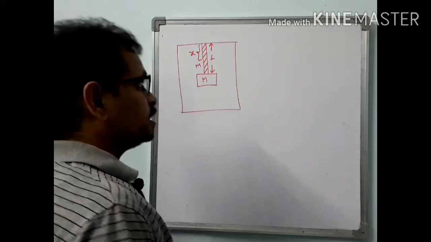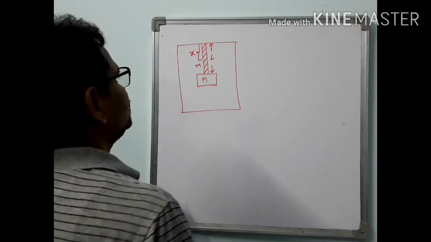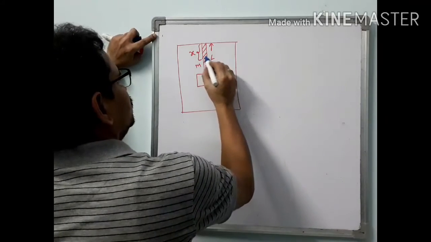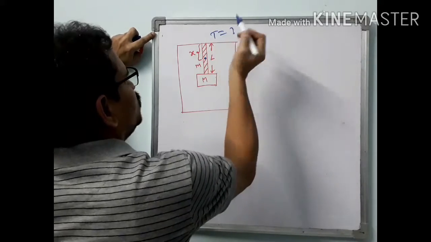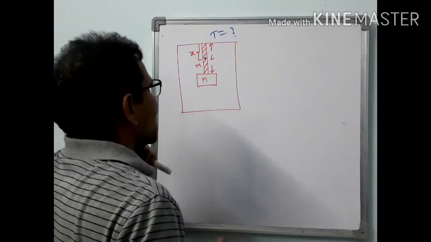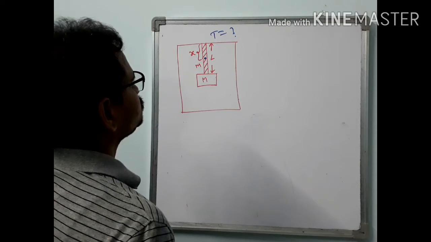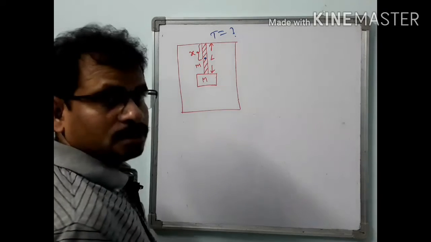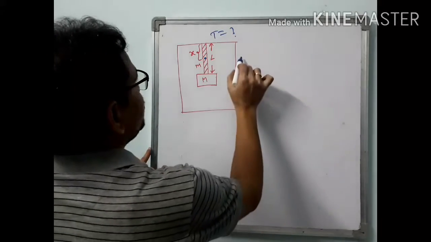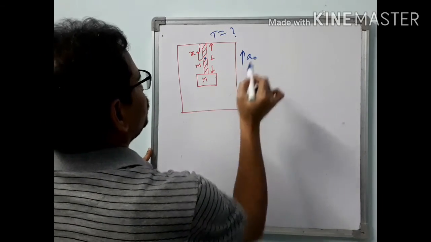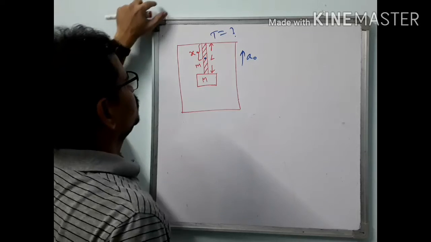So what we have to find, guys? The tension at this point. At this point, T equal to how much? What shall we do? Let us choose an FBD here, and this lift is going up with an acceleration a0 here, no? Right.